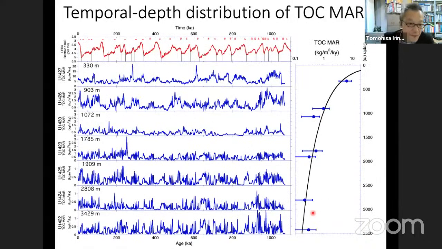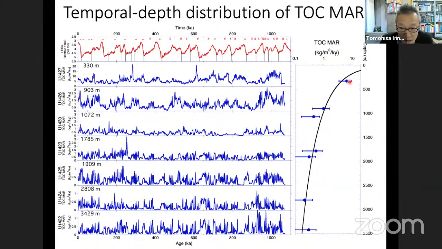They're very simple. The data is from shallow to deep. This is the calculated total organic carbon mass accumulation rate, and this is the LR04 glacial interglacial cycles.